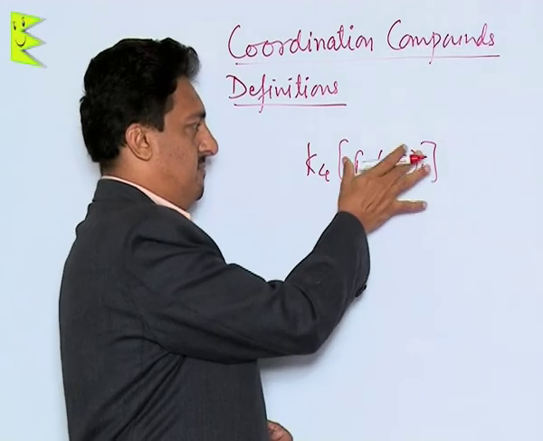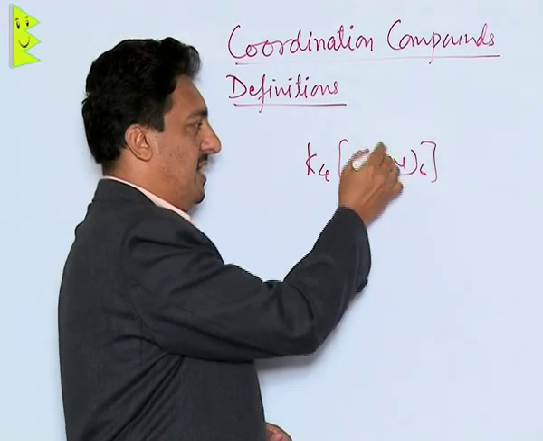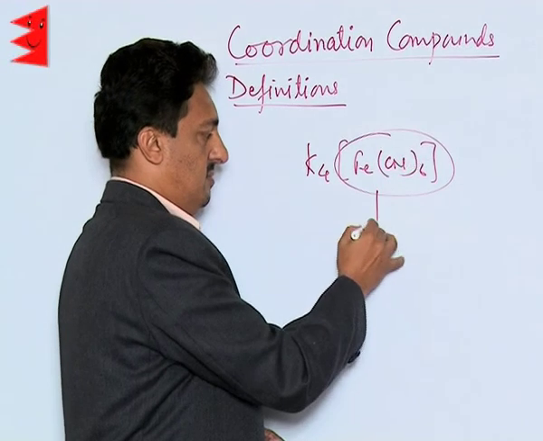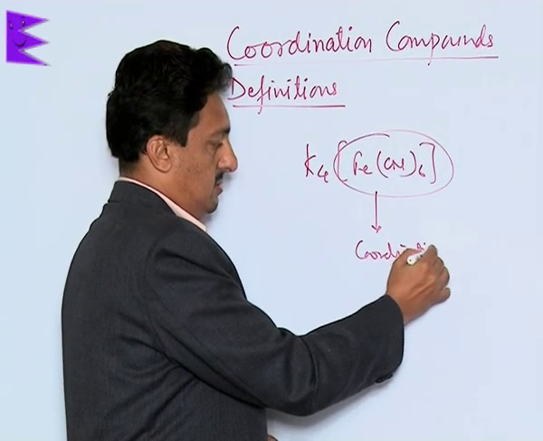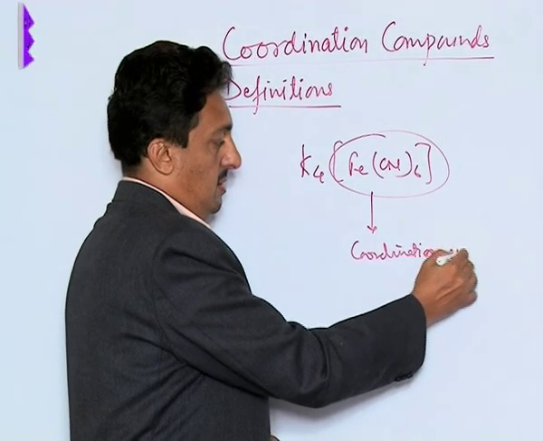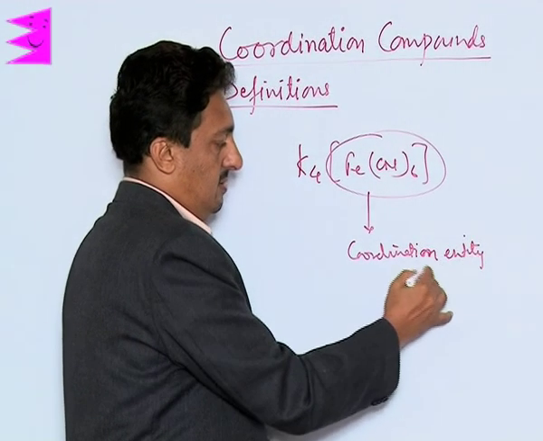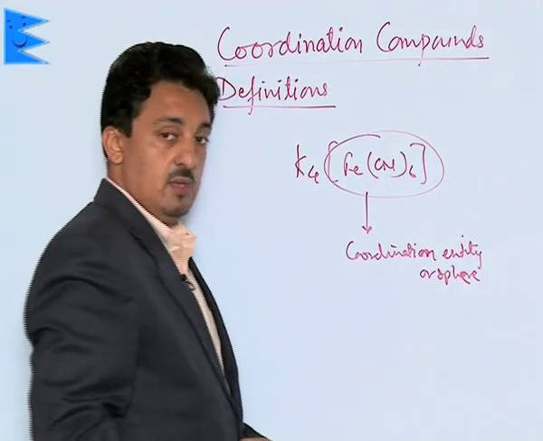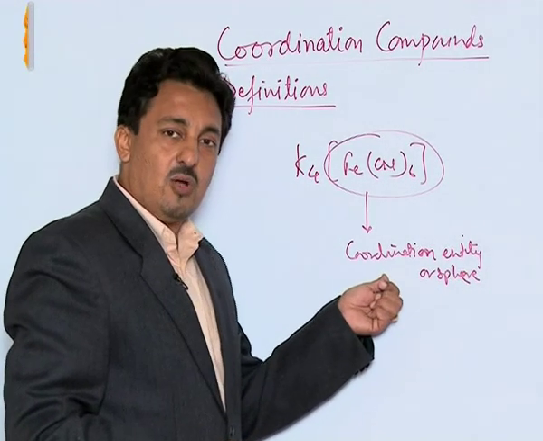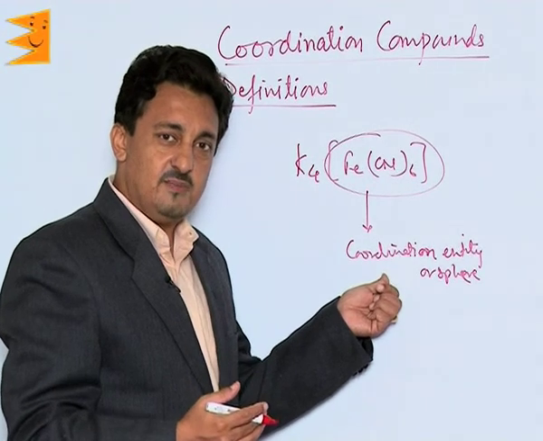See, the species which we keep in the square bracket is called coordination entity or coordination sphere. Now, why is it called a coordination entity or a coordination sphere?